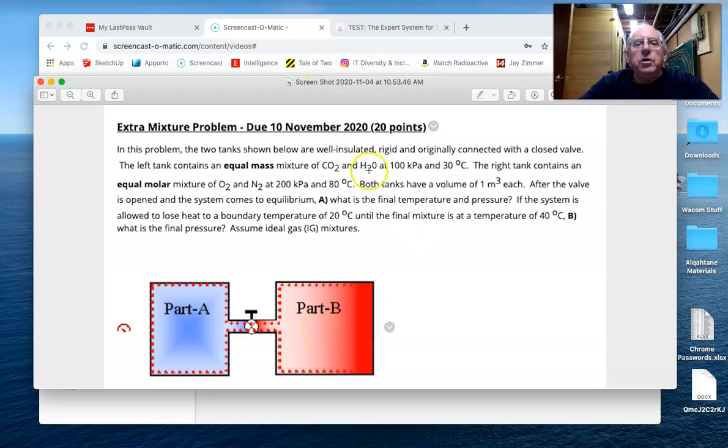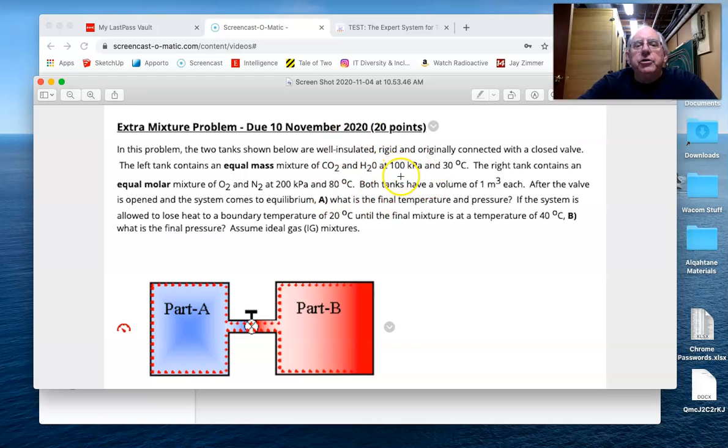They are also well insulated. For the first part, we're going to assume that they're well insulated, they're rigid, and they are originally connected with a closed valve. Okay, on the left tank, there is an equal mass mixture of CO2 and water.